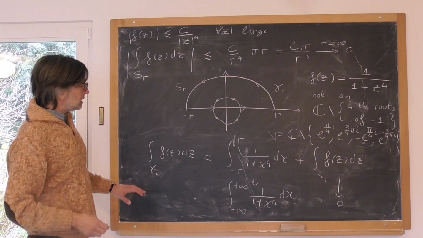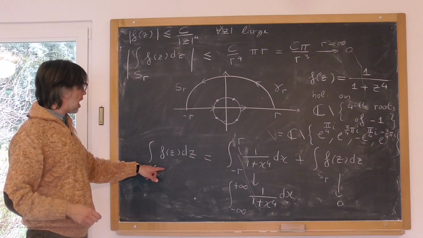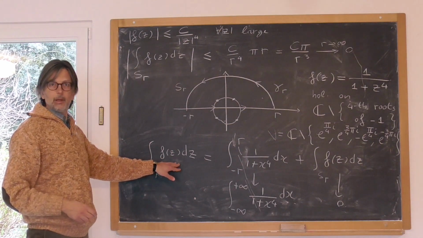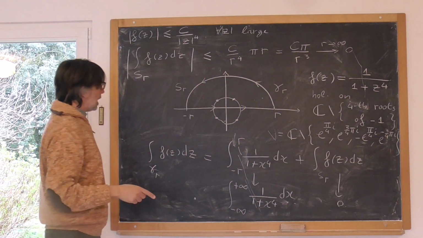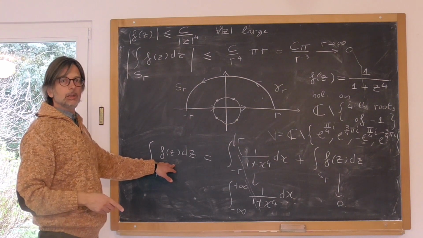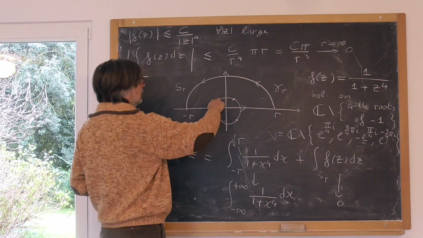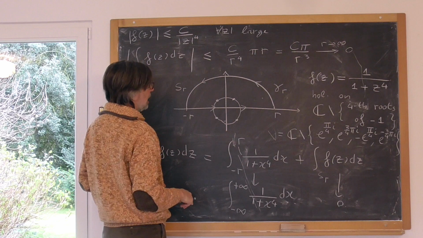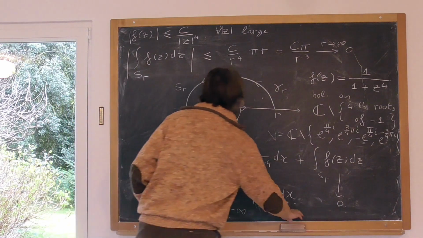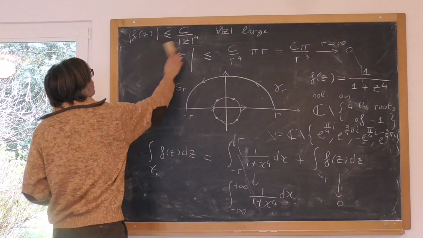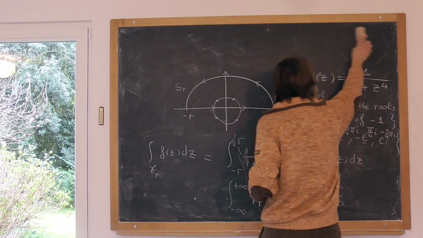Okay? And this means that if you want to compute this integral, it's enough to compute the limit for R going to infinity of this integral. But now this is an integral on a contour, and actually its value is independent of R whenever R is so large that we have included all the singularities in the upper half plane, namely whenever R is bigger than 1. So what we obtain, we can now use the residue theorem.